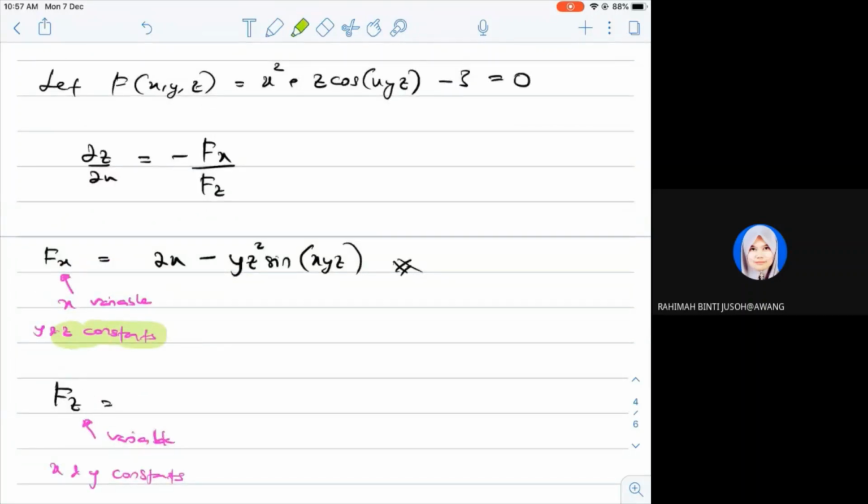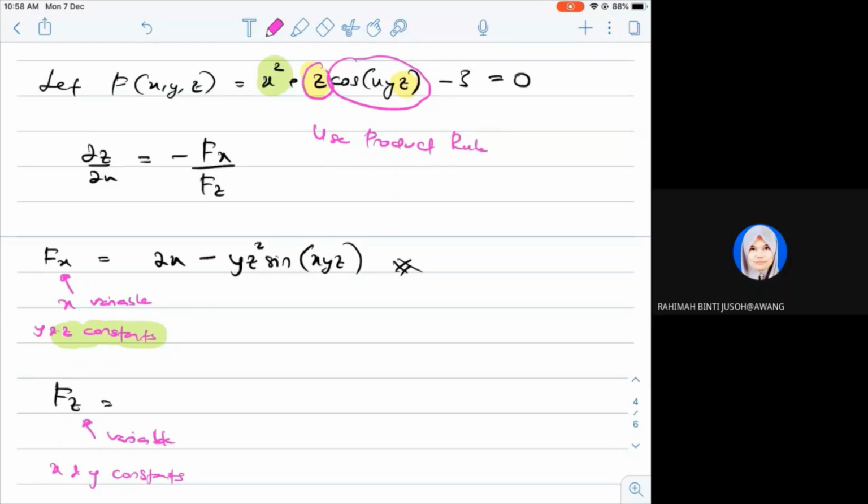Now differentiate x squared with respect to z, we will get 0. Right now, guys, what happened here? When we want to differentiate with respect to z, we have z here, we also have z here. So what you should do is, you need to use the product rule.